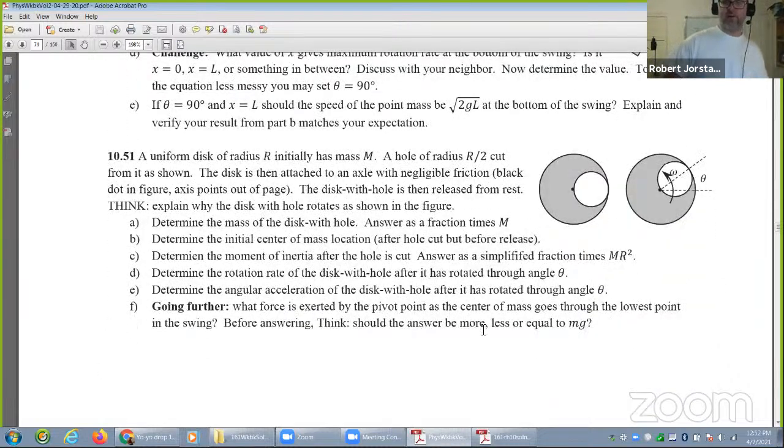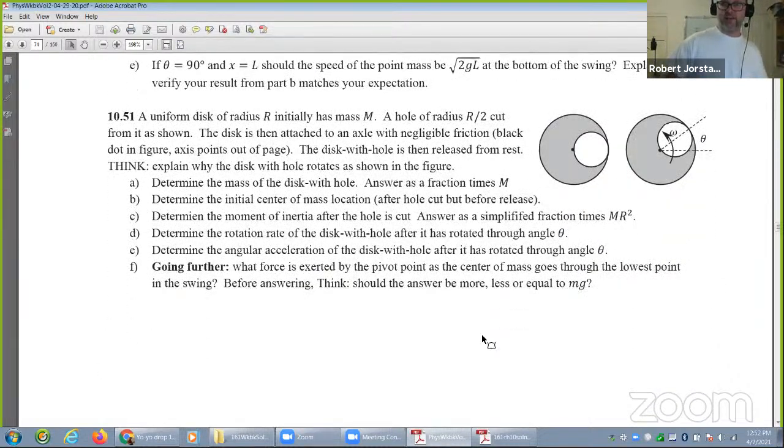What about 10.51? Does this problem make sense, or is it rotating the wrong way? Did I draw the picture backwards? So we're looking at 10.51, and it says, think, explain why the disk with the hole rotates as shown.